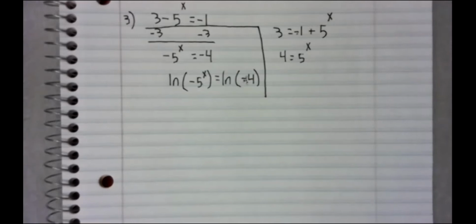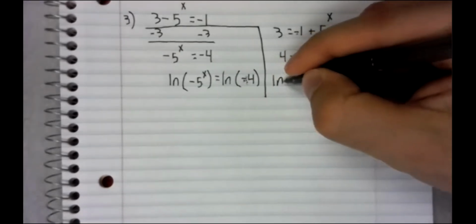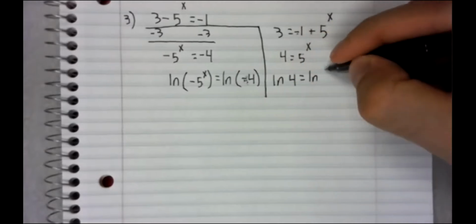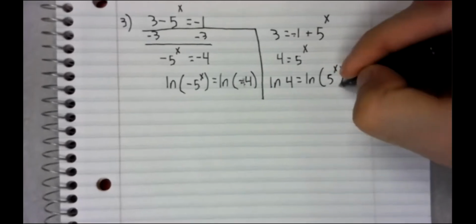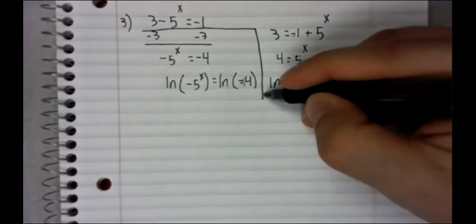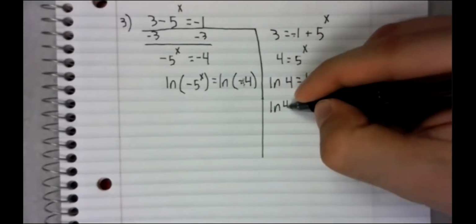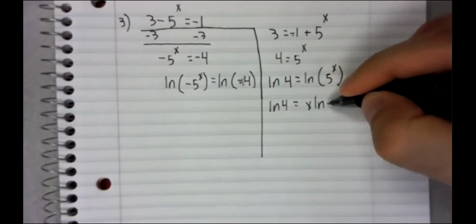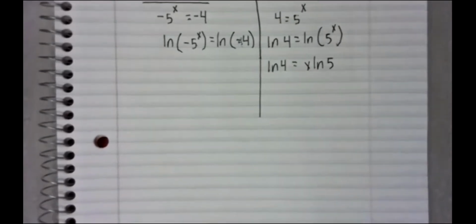And then this problem becomes relatively straightforward. We take the logarithm of both sides. On the right, the x comes down.